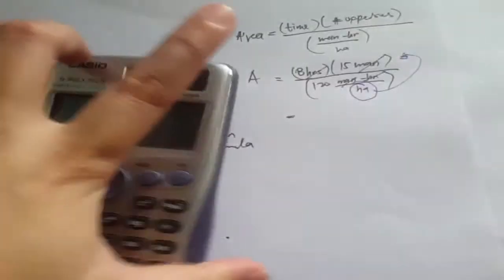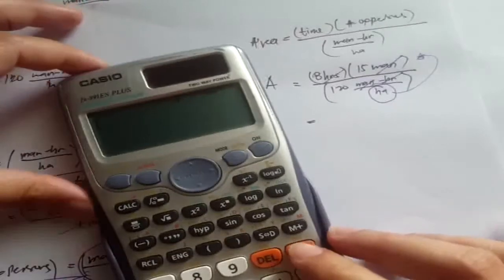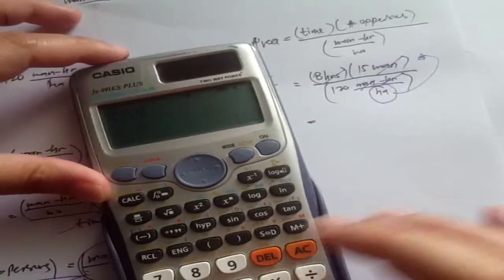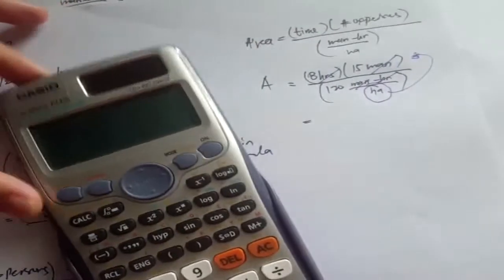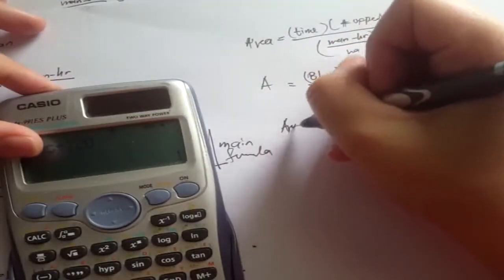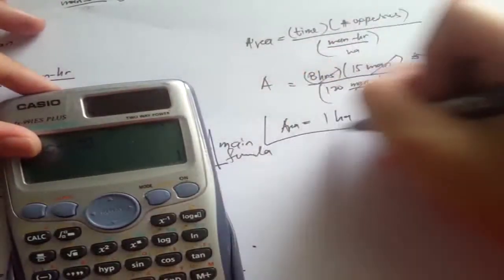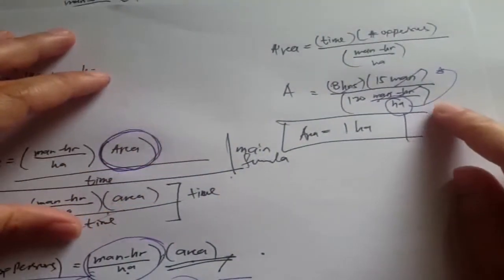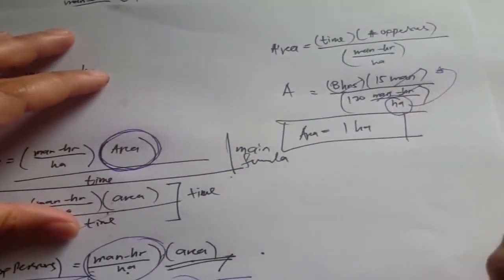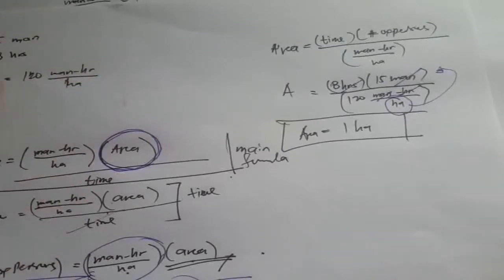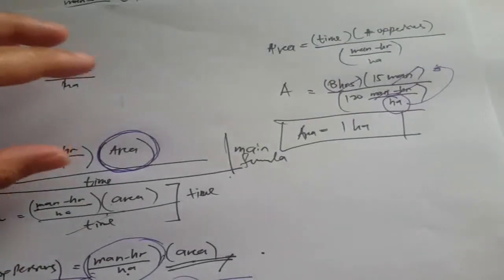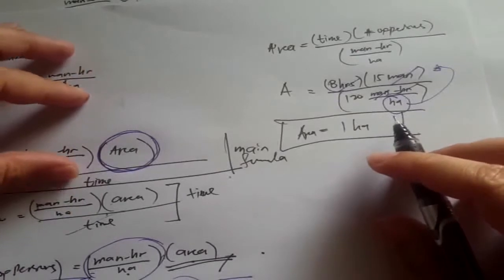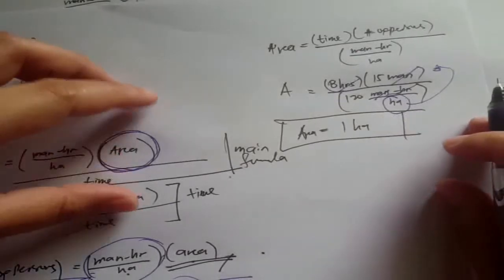For 8 times 15 divided by 120, we have 1. So our area is just 1 hectare. If you are not good at algebra, you can also do it one by one.